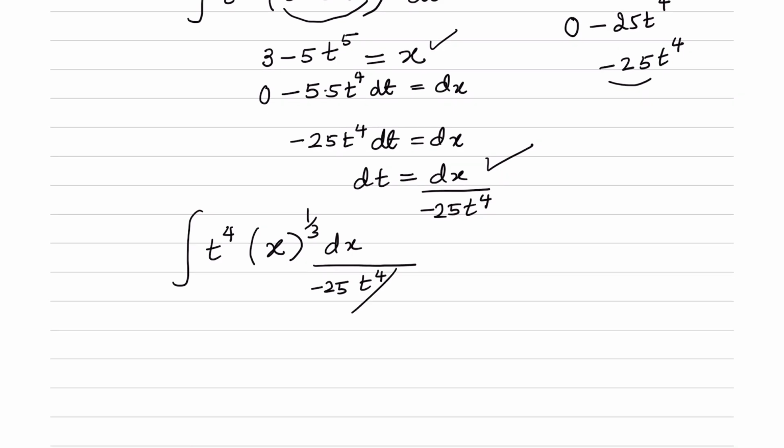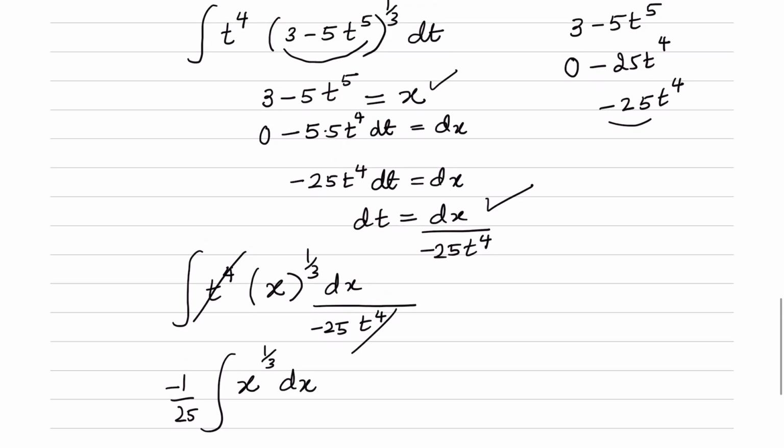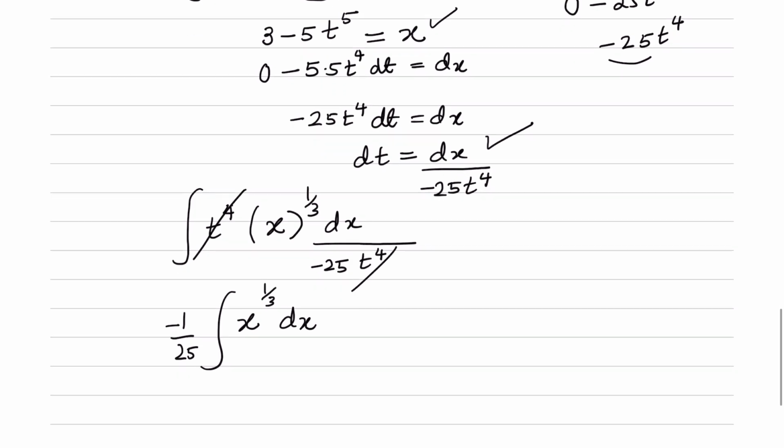This t power 4 cancels with this t power 4. We take minus 1 over 25 outside, and here we have x to power 1 by 3 dx. So our integral, which was previously in terms of t, is now entirely written in the form of x.